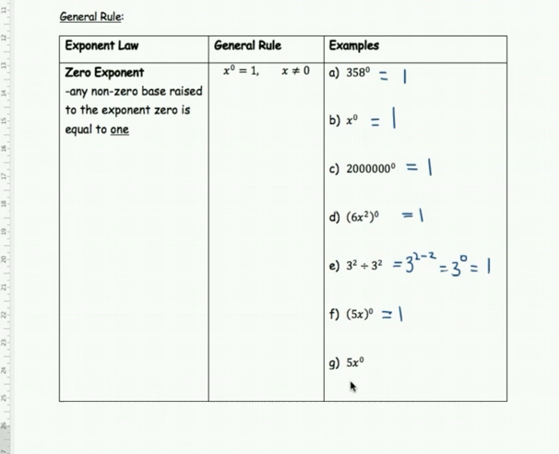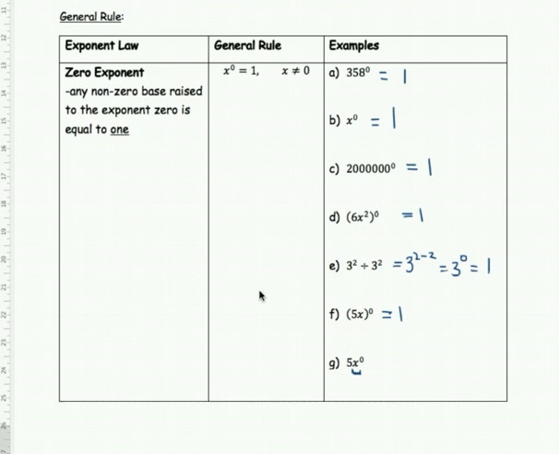And then be careful with the next one here. It looks like the one in F, but remember what I said: wherever the exponent is, that's what the exponent belongs to. On here, the x has an exponent 0, but the 5 doesn't.